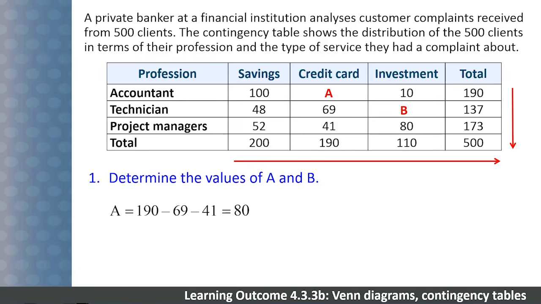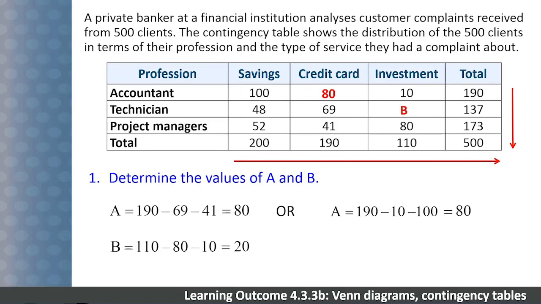Or we can use the row total of 190 and subtract 10 and 100 from 190 to get the same answer, which is 80. Similarly, we can calculate B by using the column total 110 and subtracting 80 and 10 to get 20. Or we can use the row total 137 and subtract 69 and 48 to get 20, which is the same answer.